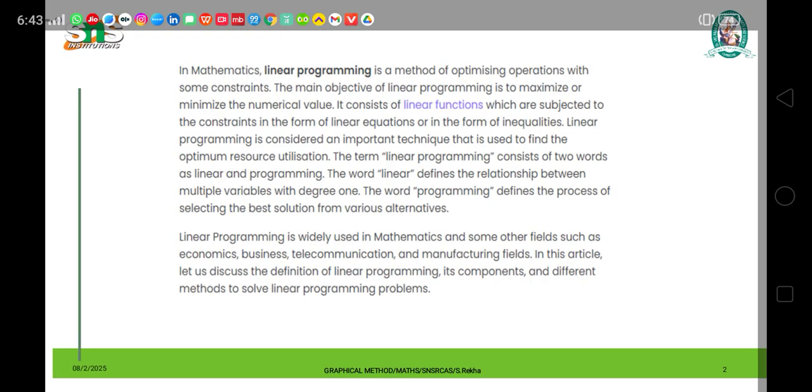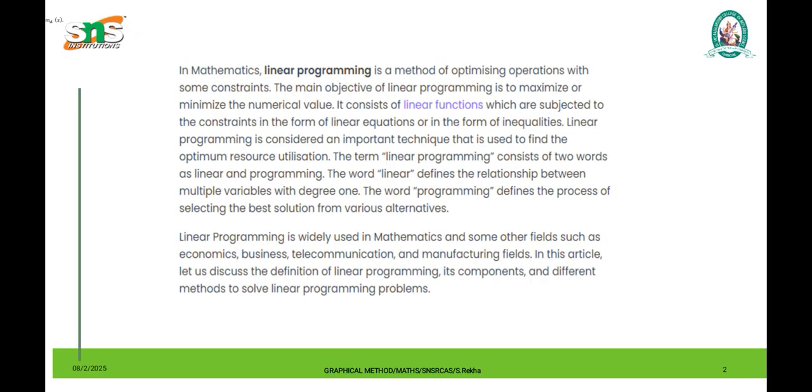Linear programming is a method that helps us to find the maximization and minimization cost for the problem. It is a linear function subject to constraints, and this technique helps us find optimal resource utilization in industries and in other fields such as economics, business, telecommunication, or manufacturing.